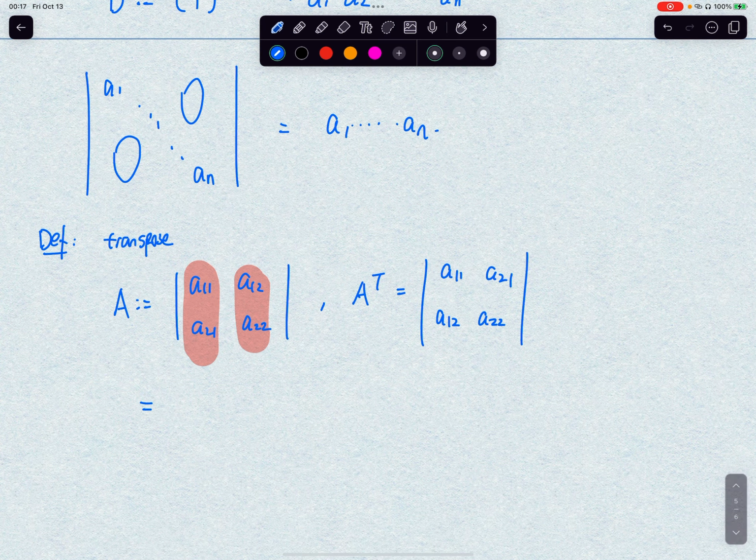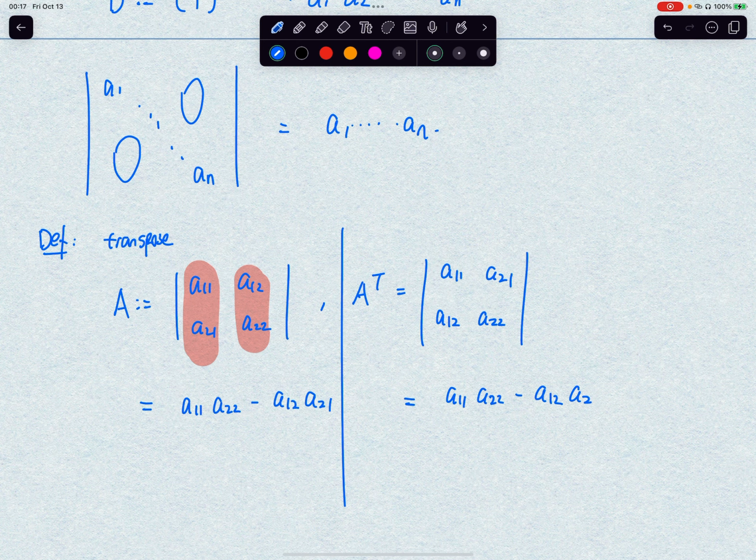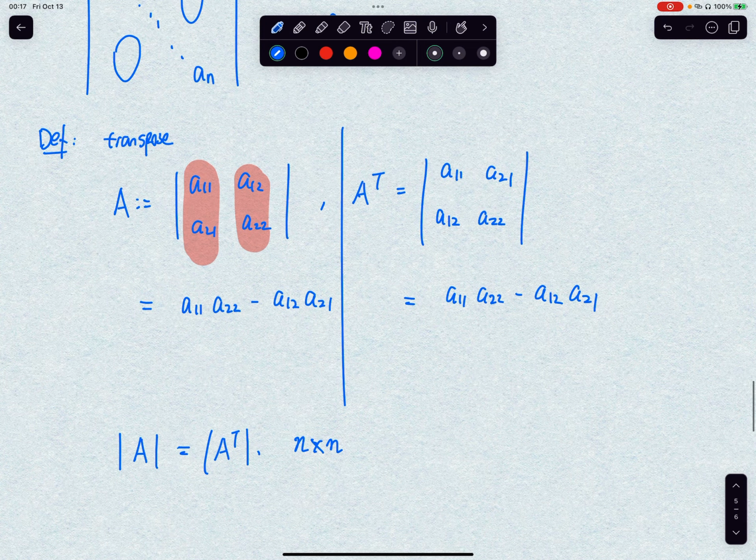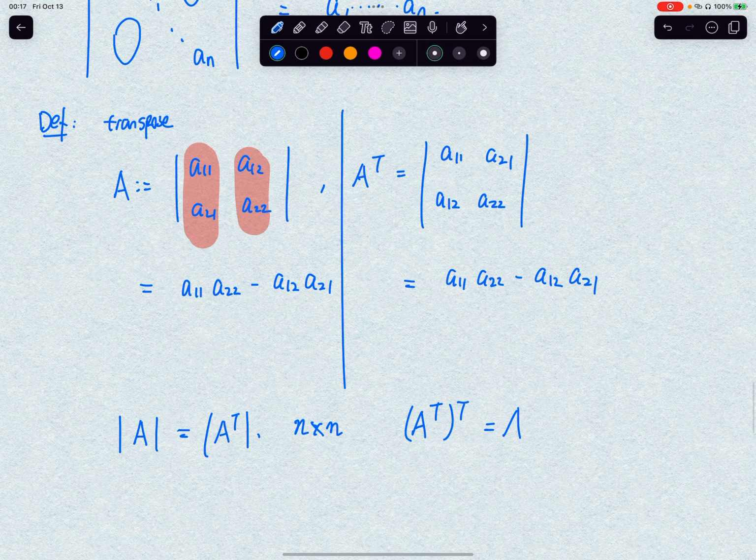So let us calculate its determinant. It is A11, A22 minus A12, A21. And we have the determinant of A transpose equals A11, A22 minus A12, A21. So one direct observation is that the determinant of A equals the determinant of its transpose for a square n by n matrix. And also, if we apply the transpose to the transpose itself, we get A itself.